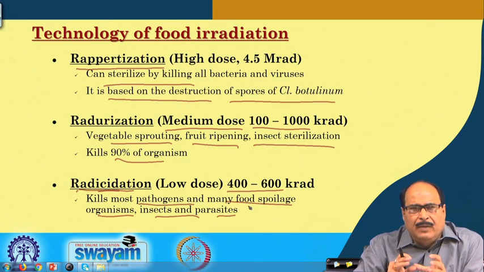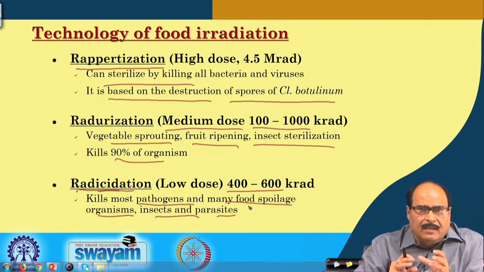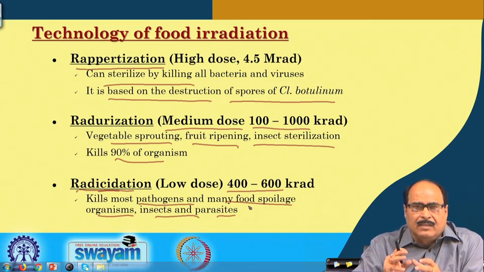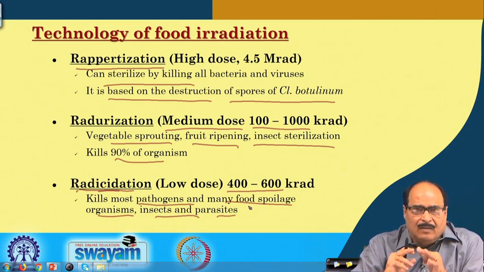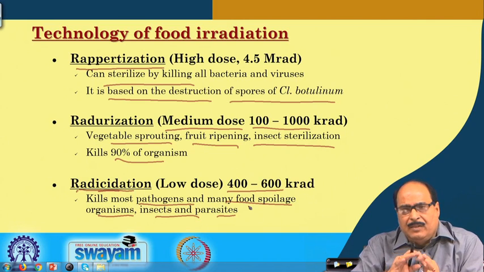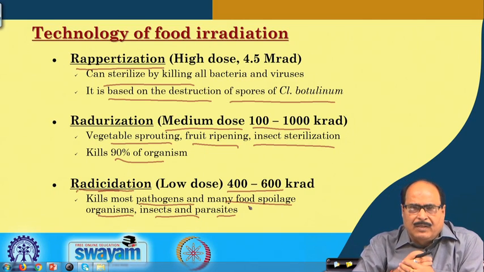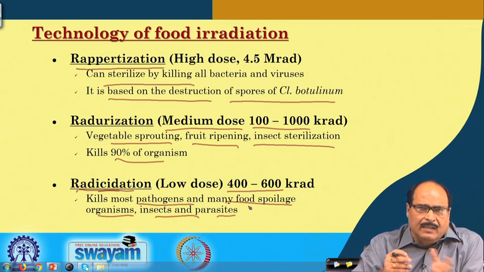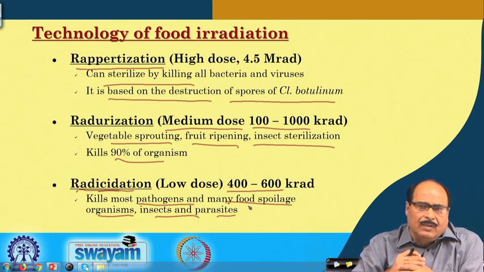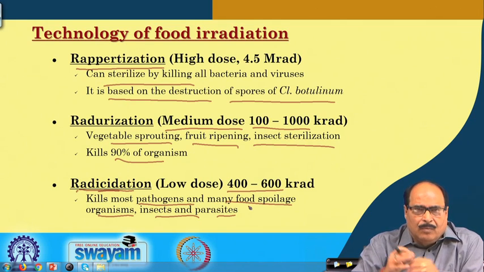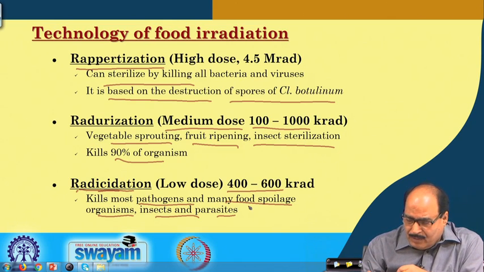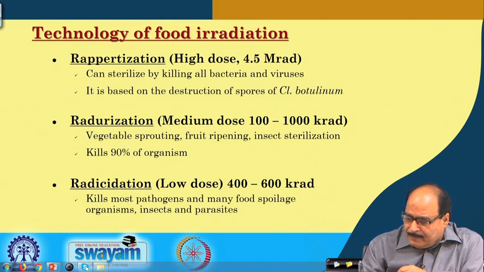In fact, radicidation is basically targeted towards killing Salmonella, a food poisoning microorganism which more frequently affects poultry birds or eggs, etc. So, low dose irradiation can be used to kill Salmonella in poultry or eggs, etc., and make them more suitable for consumption.